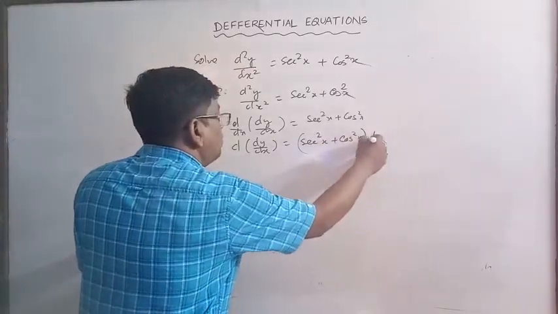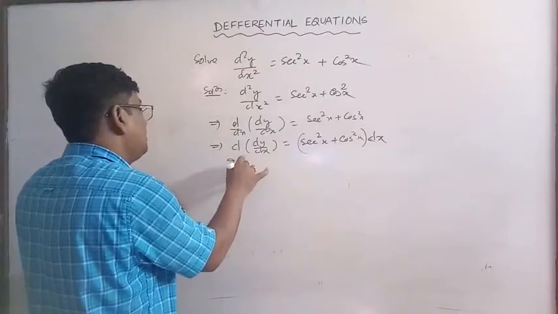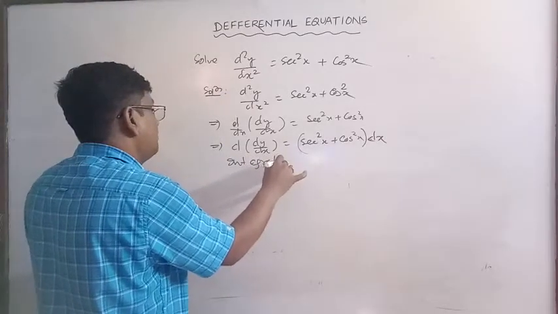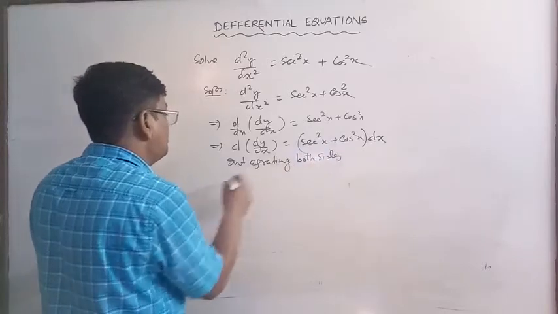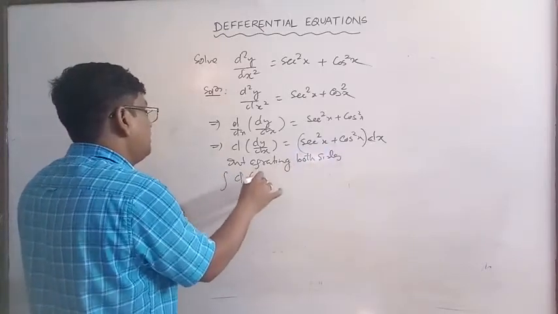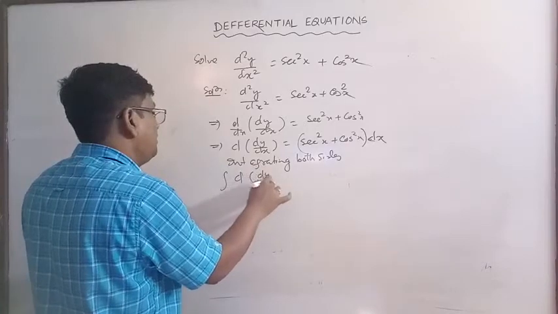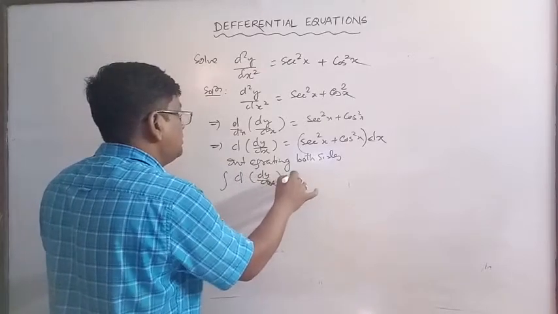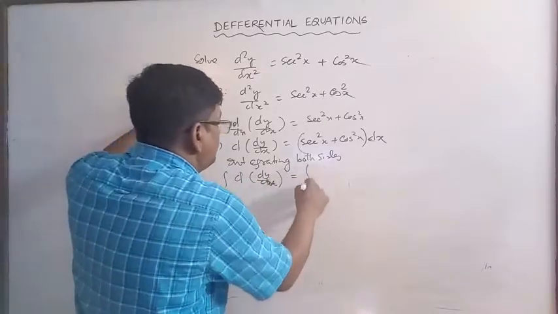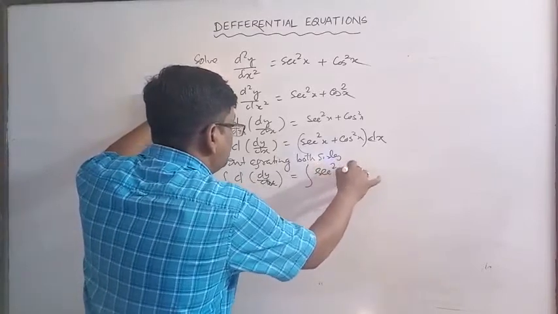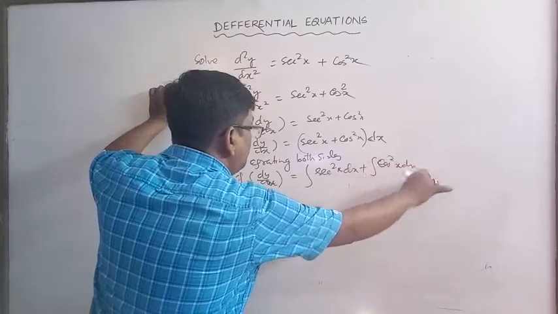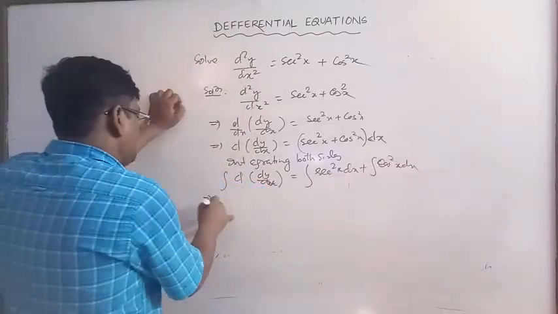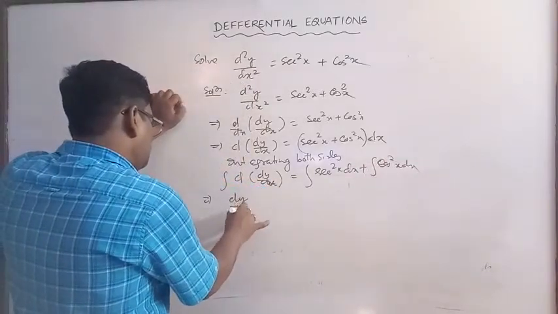Now integrating both sides. So integration of d of dy by dx is equal to integration of sec square x plus integration of cos square x into dx. So this is equal to dy by dx.